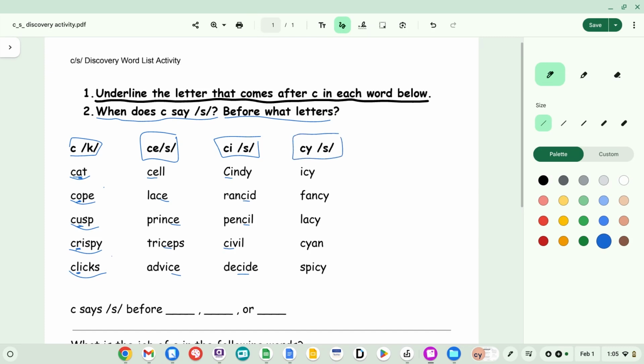Last column, CY says S: icy, fancy, lacy, cyan, spicy. Hopefully your students are able to see that C says S before E, I, and Y.